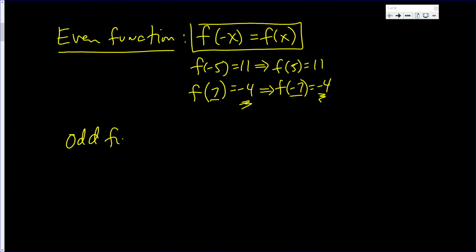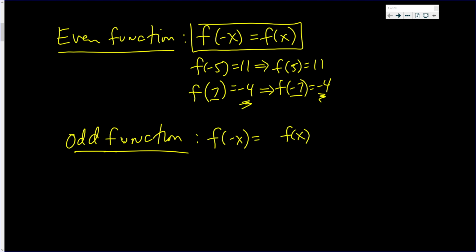Now, what is an odd function? Oh, an odd function, we also look at f of negative x. This time, we don't get back f of x.